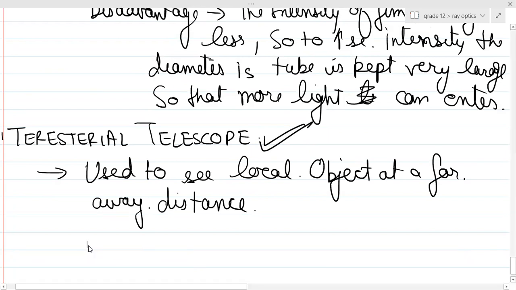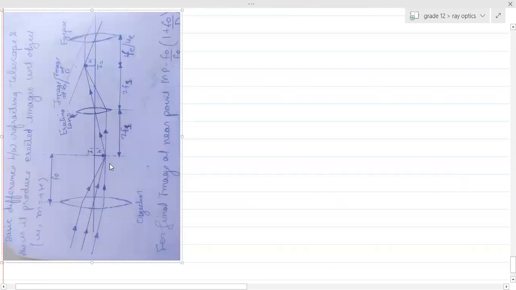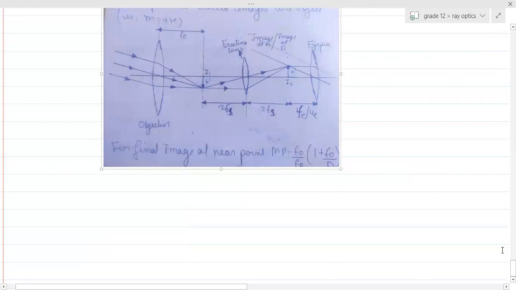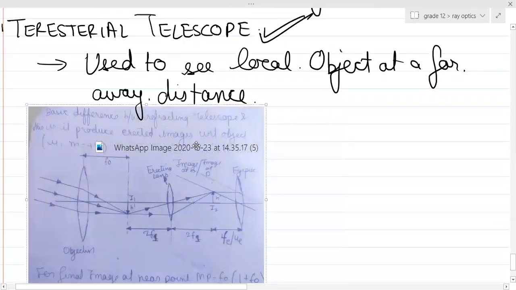I'll just draw the diagram. One second. Yes, guys. Can you see what is the only difference over here? This arrangement and this arrangement are exactly the same as the astronomical telescope.